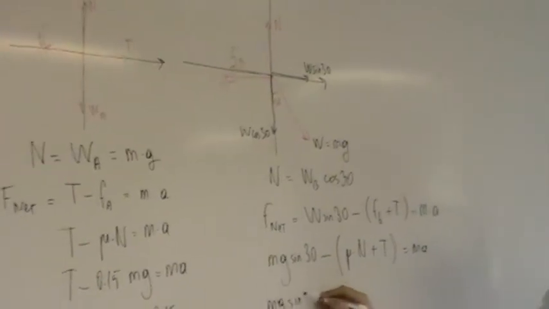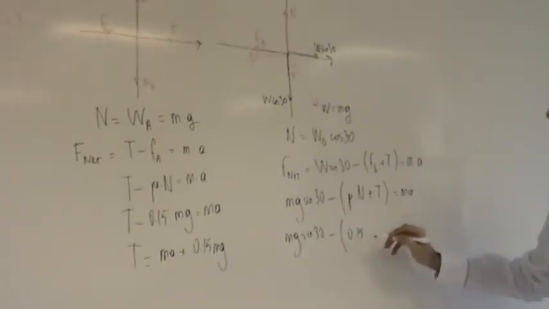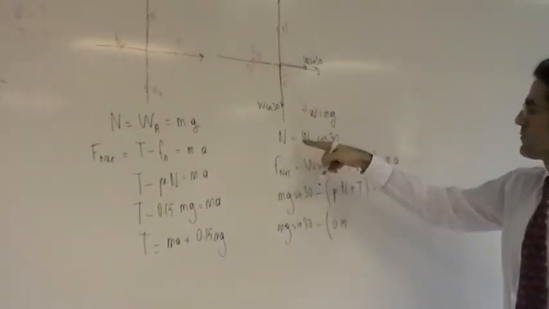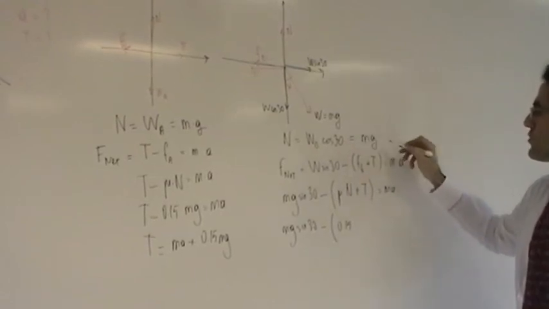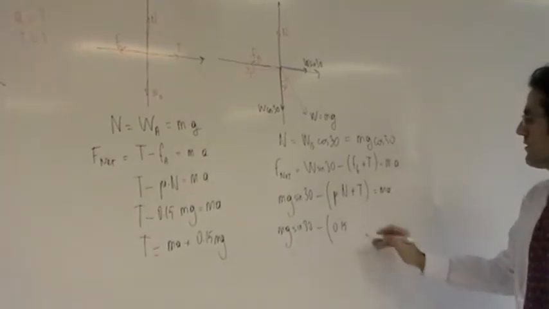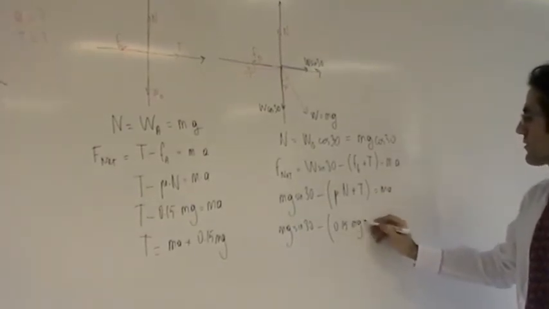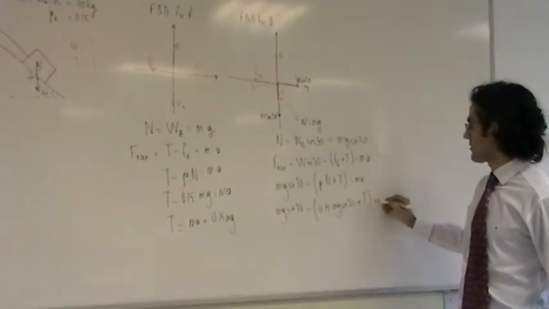mg sine 30 minus mu, which is 0.15, times normal force, which I can find here: normal force is W cosine 30, which is mg cosine of 30. I will insert it over here. mg sine 30 minus 0.15 mg cosine of 30 plus tension is equal to ma.